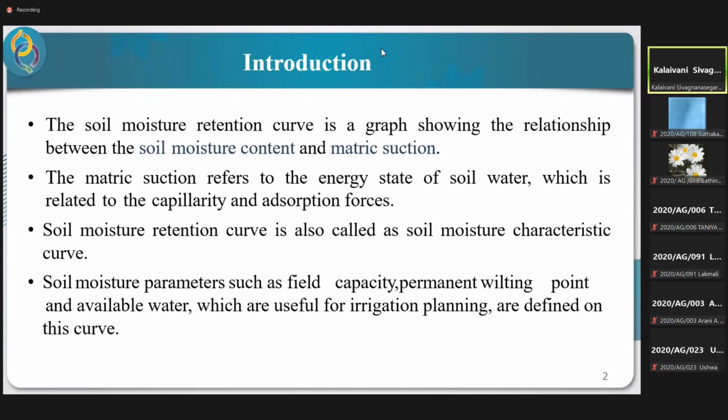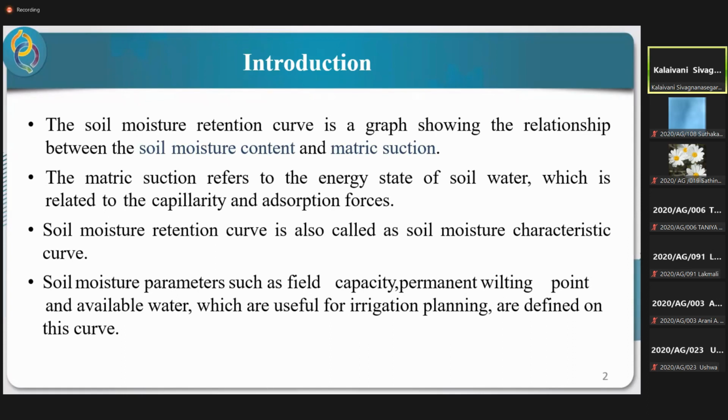At that time the percentage changes to 50%. These are some basic things, and you will study field capacity, permanent wilting point, available water, gravitational water, and capillary water in your theory part, right? So don't worry about that.